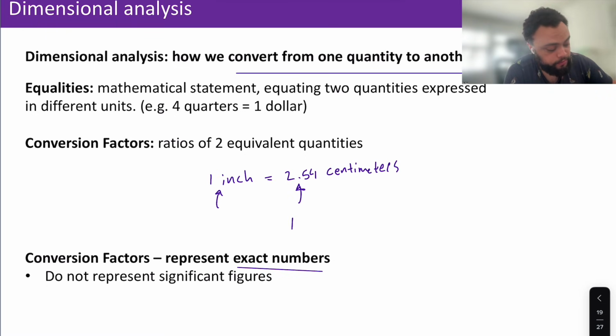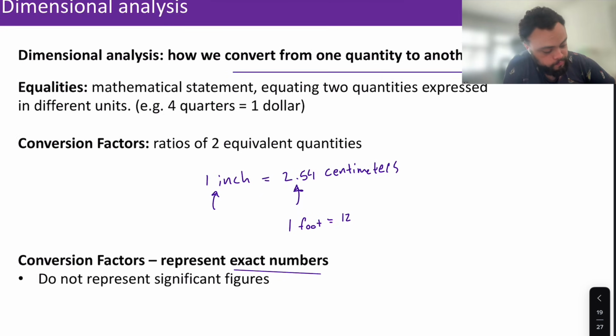Just like for 1 foot, there are going to be 12 inches. That's always going to be true. So we can say that they have an infinite number of significant figures. We don't care how many sig figs they have.